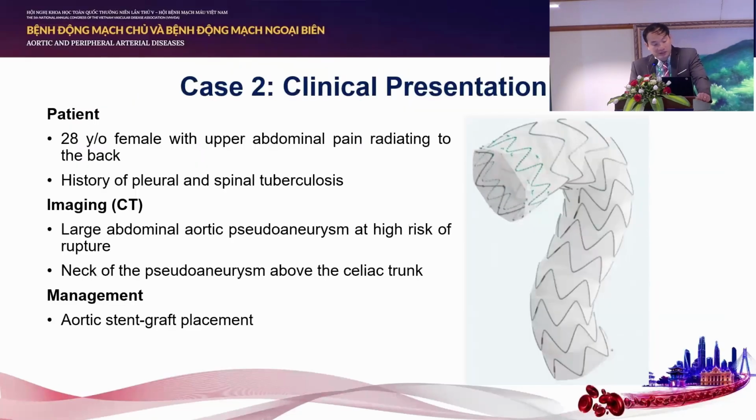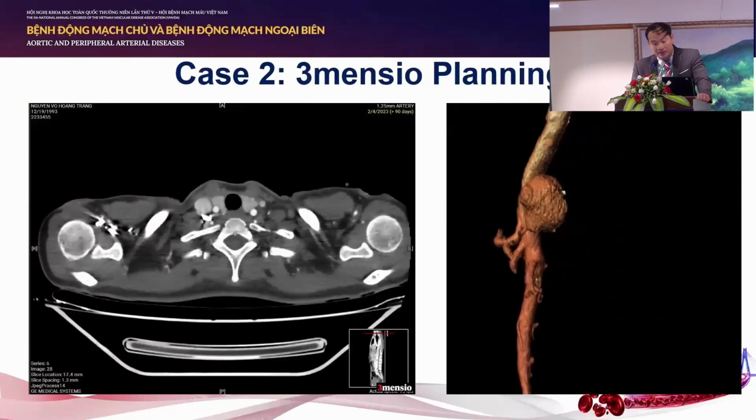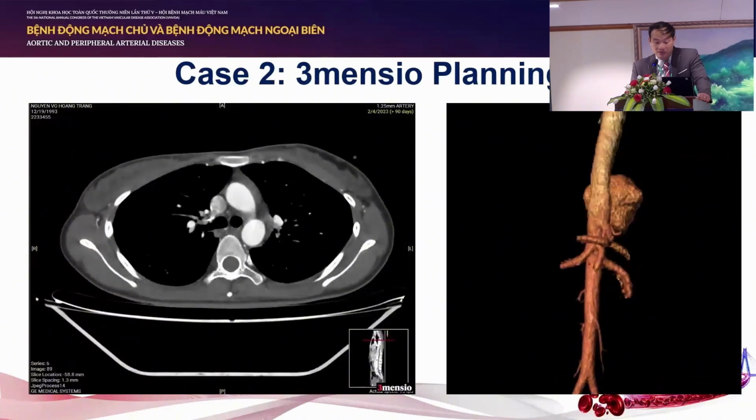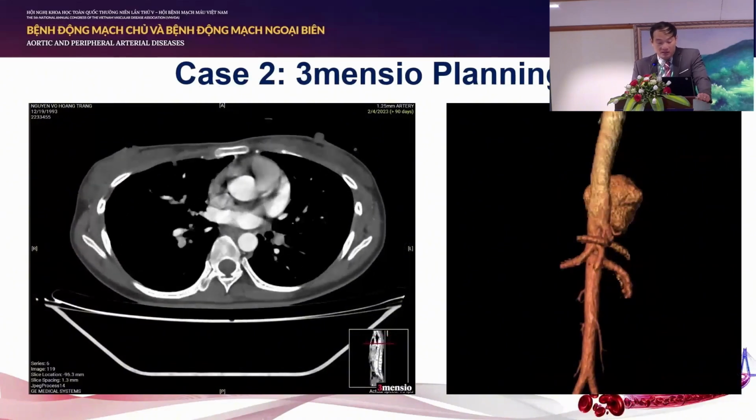Case 2 is a 28-year-old female with upper abdominal pain, with a history of lumbar spinal tuberculosis. On CT, we can see a high-risk pseudoaneurysm in the aorta, above the celiac trunk.